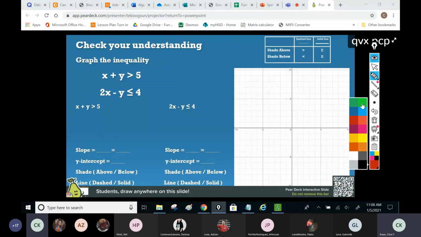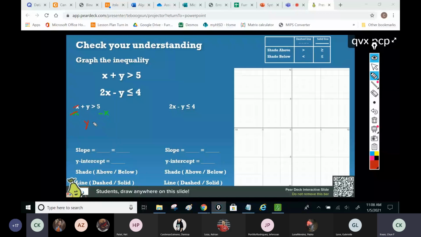So that means you must move the x to the right side first before figuring out the slope and the y-intercept. So we're going to do minus x on both sides so that it will cancel out right here on the left.